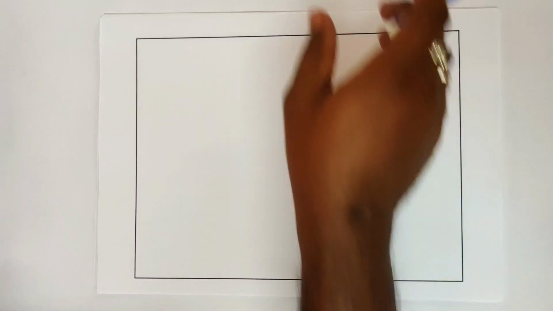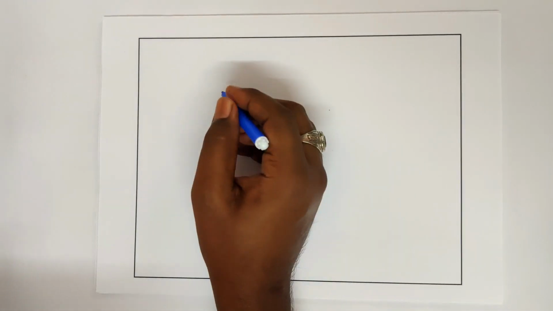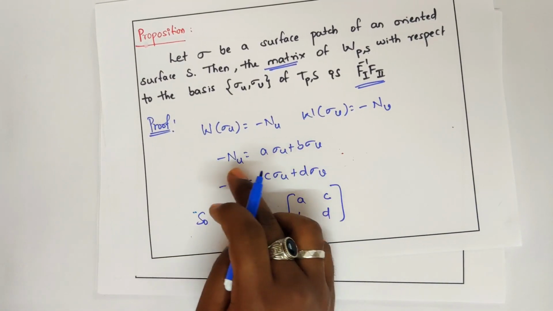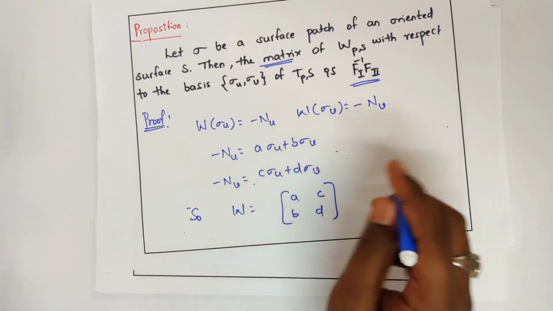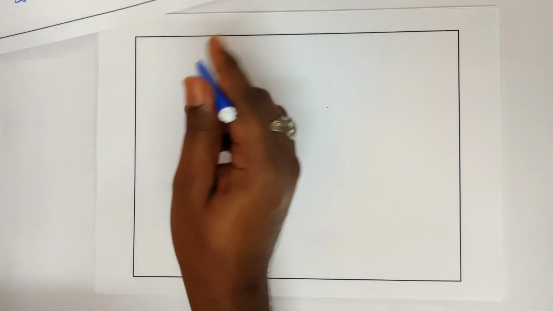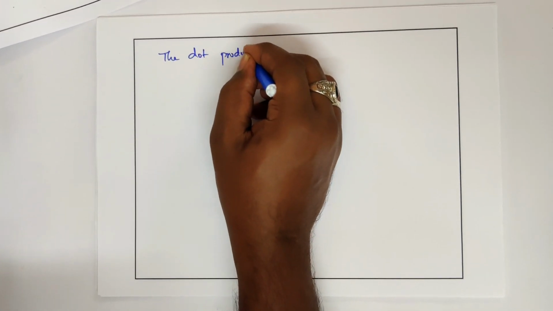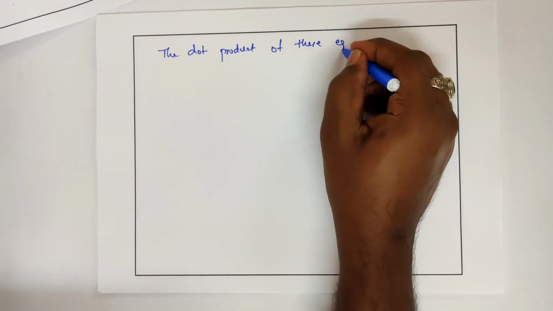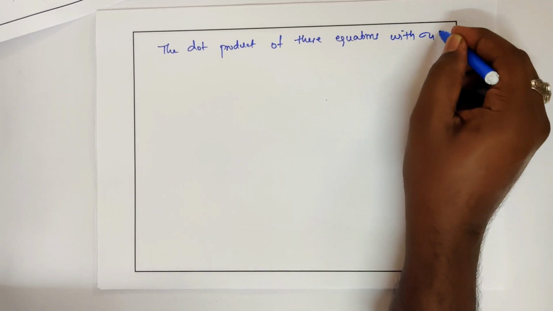So by using these linear combinations, we will try to define. We have just now got these things. So what we are trying to do now is take the dot product of these two equations which we got just now, with sigma u and sigma v.